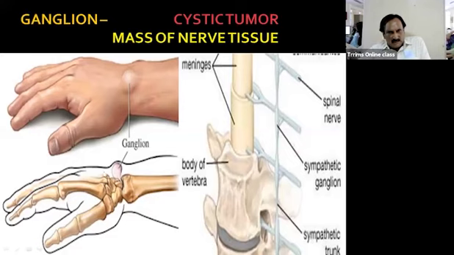So when you are referring to the ganglion with reference to the clinical thing, it is the mass. And outside the brain and the spinal cord, you find the elevations, which are the ganglia.